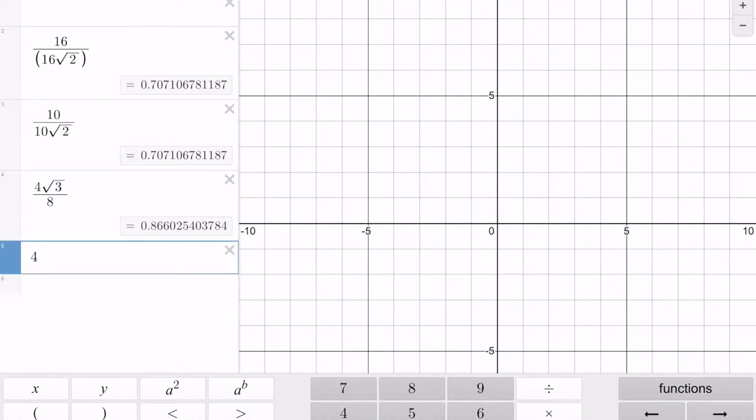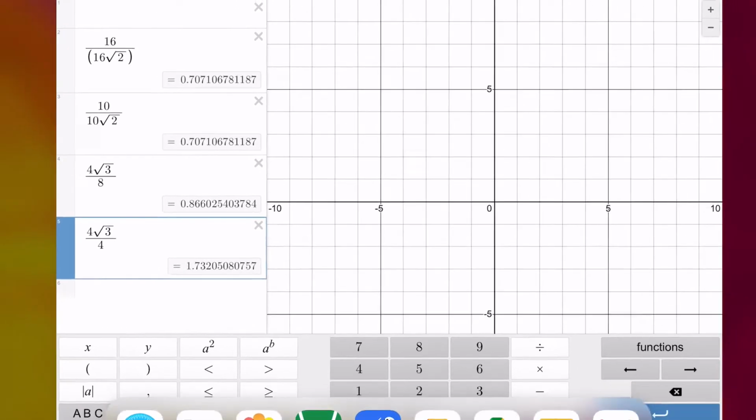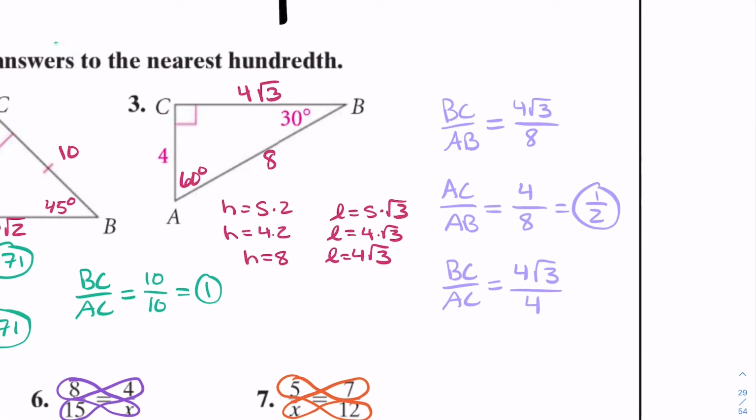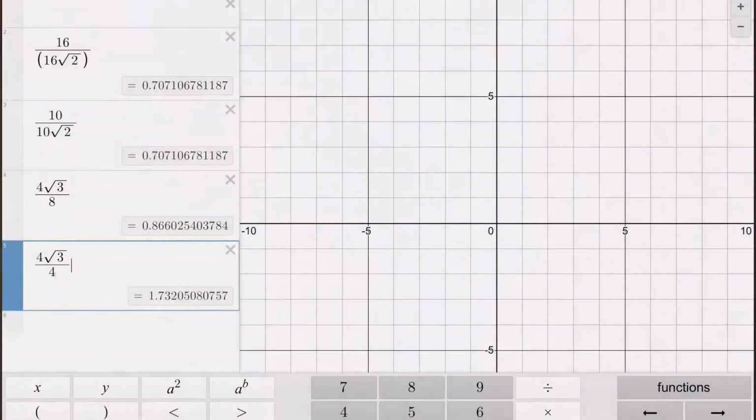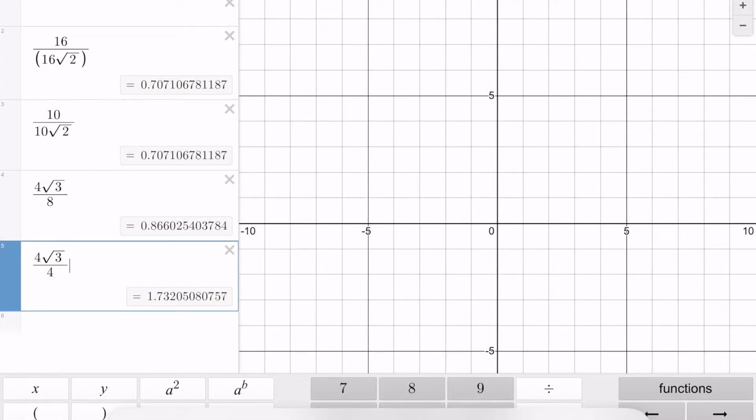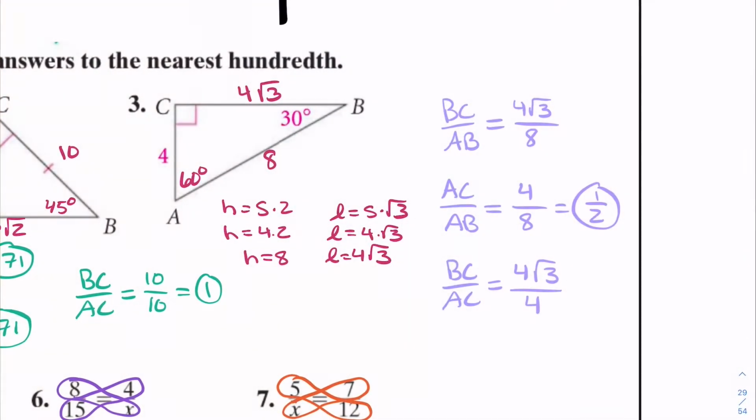Then they want what? 4 square roots of 3 over 4. 4 square root of 3 over 8. Yep, and 4 square roots of 3 over 4. So we get 0.866, which simplifies to 0.87.